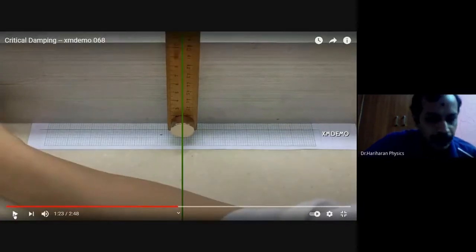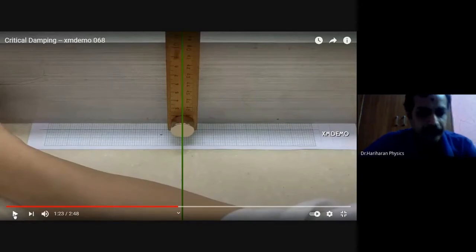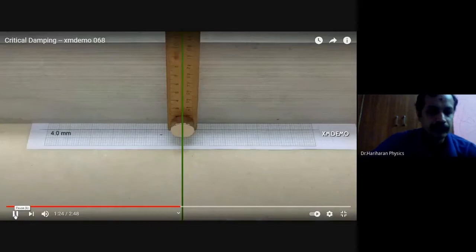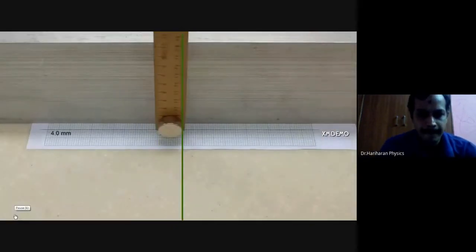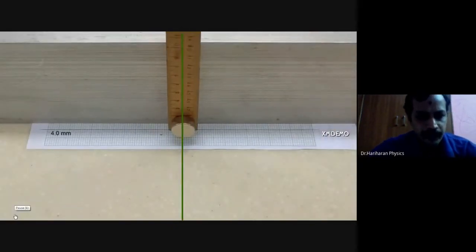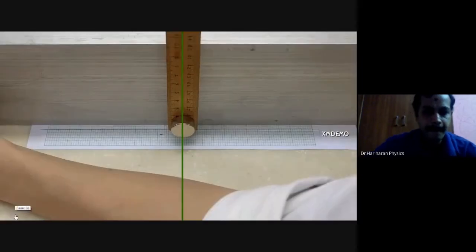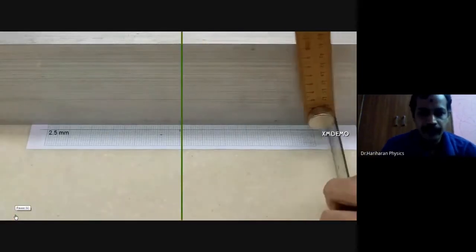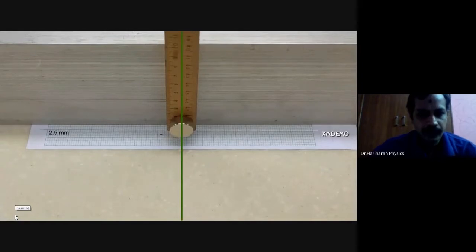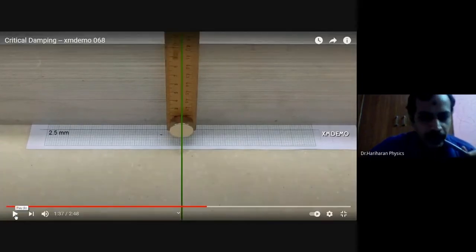Here the body performed roughly 1 oscillation and came back to rest immediately. Next, observe. Here after 1 oscillation it came to rest. Here the body that was displaced came back to the equilibrium position without doing any oscillation.